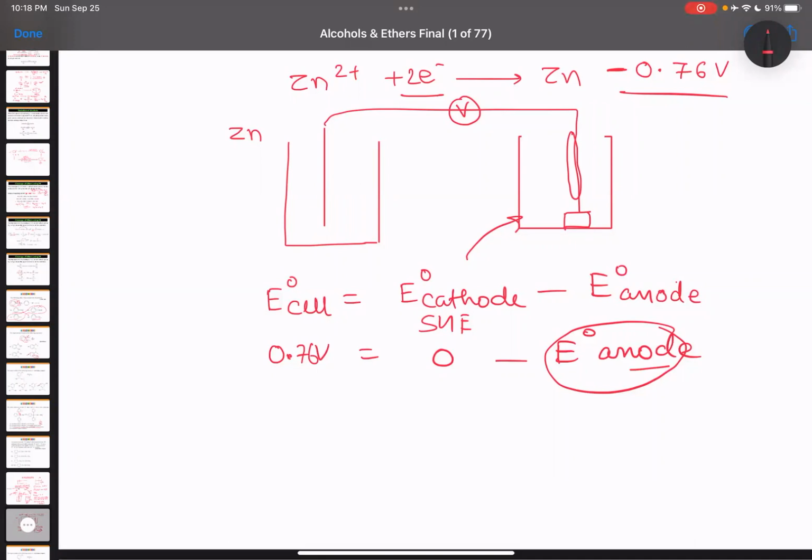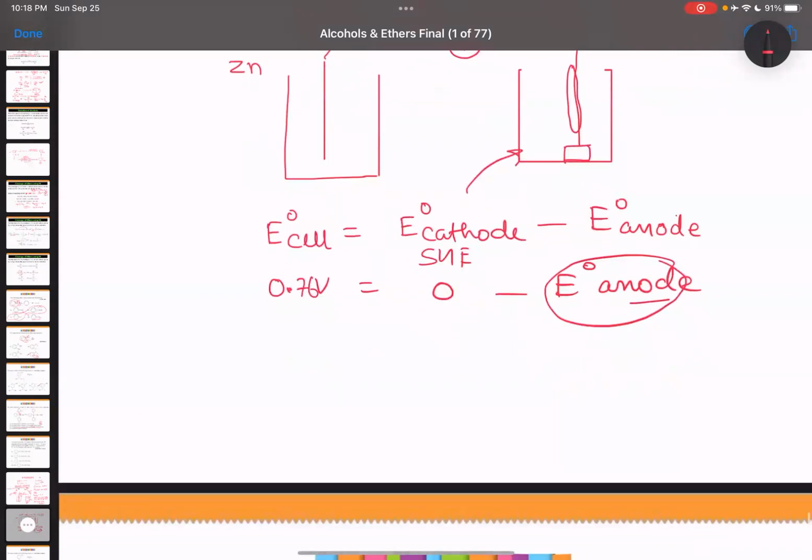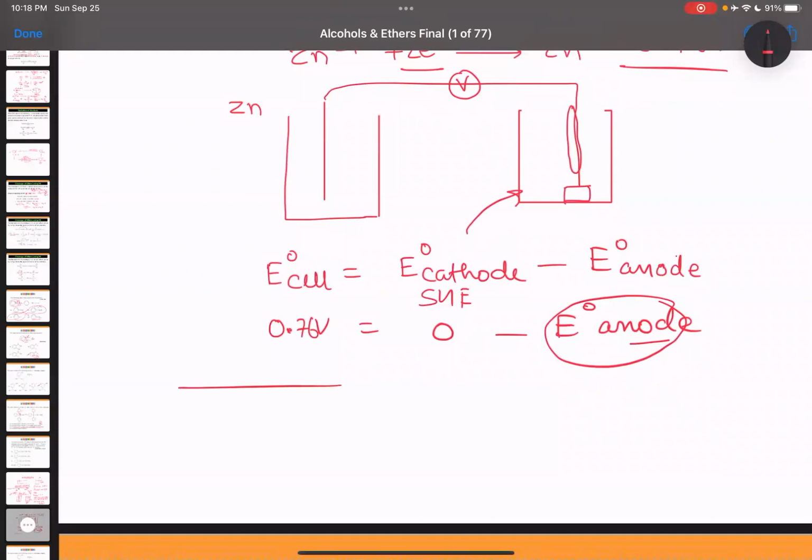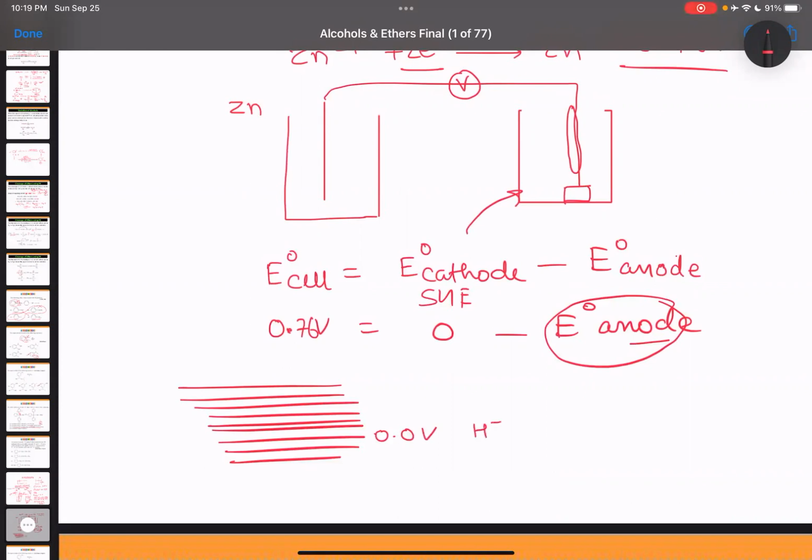Yes, sir. So you line up all the elements like this, and in the middle you have that 0.0 volt, which is for the standard hydrogen electrode.